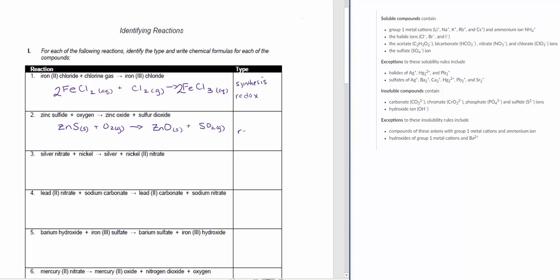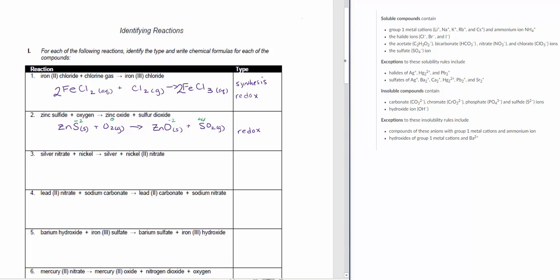Well, this is a redox reaction. We do have a change in oxidation state. The zinc isn't changing state, but the oxygen is. You see the oxygen is a 0 here, and I don't want this to get confusing, but in its elemental state, oxygen has an oxidation state of 0, and over here it's a -2, but here we have also a -2, this sulfur is a +4, and the sulfur was a -2.